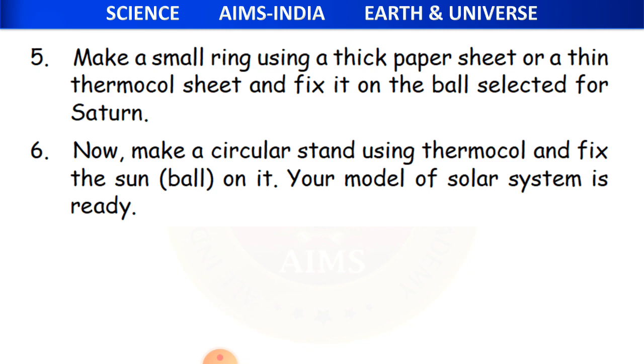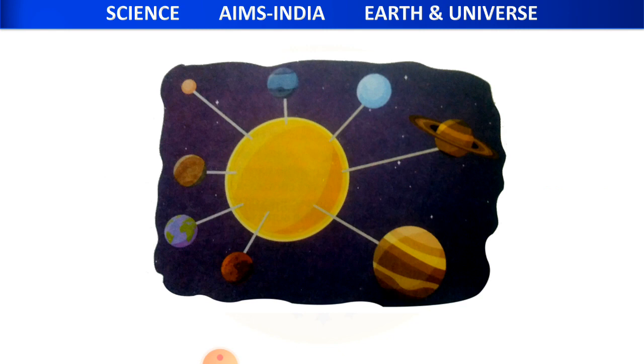Now you can make a circular stand using thermocol and fix the sun ball on it, and your model of the solar system is ready. So I hope everybody is going to do the models, and you will show us through our chat option. Clear? Yes. So finally your model will look like this.